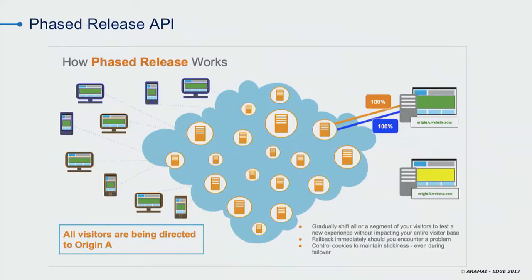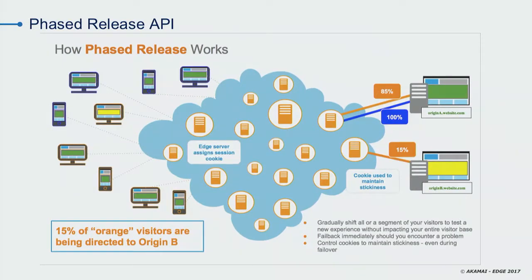Just a little bit of animation. I think you already got the point. This is how the Cloudlet works. As you can see here, originally this is the original app, and I have 100% of traffic going to origin 1. Then I add 15% of the traffic to origin 2. Let's assess how everything goes and wait for the users to report back.